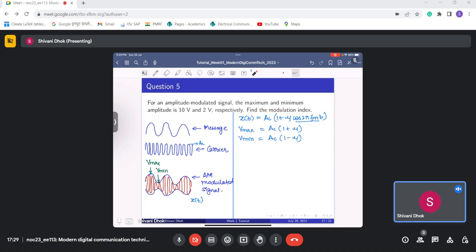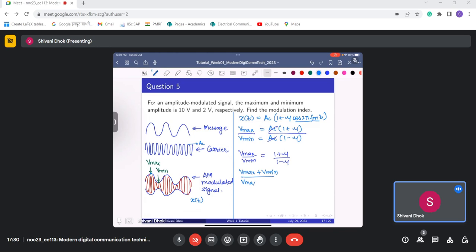And the amplitude of this cos 2 pi fmt is entirely consumed in this mu. So if I take the ratio of this, this AC gets cancelled, and what we have is Vmax upon Vmin is equal to 1 plus mu upon 1 minus mu.